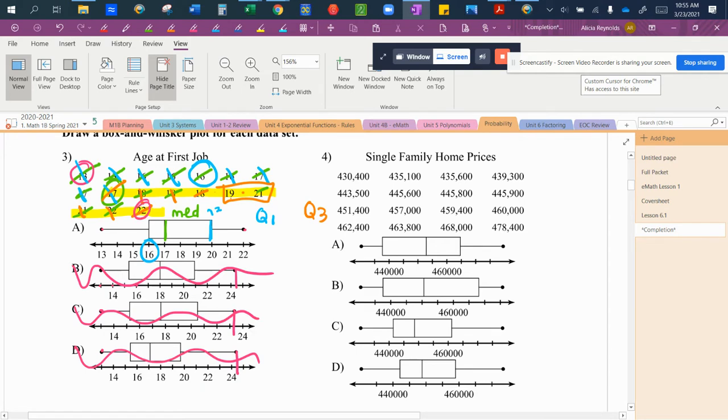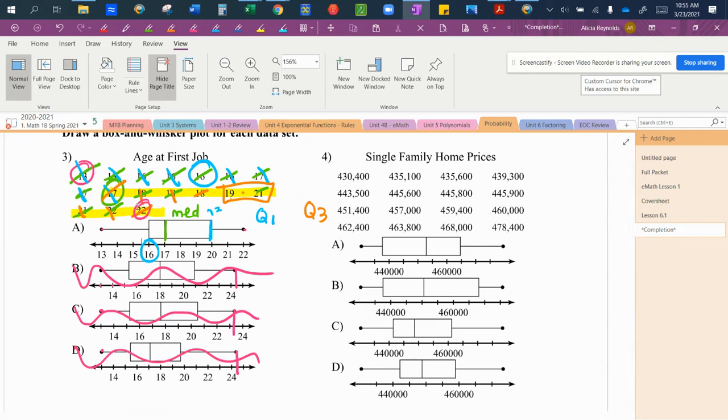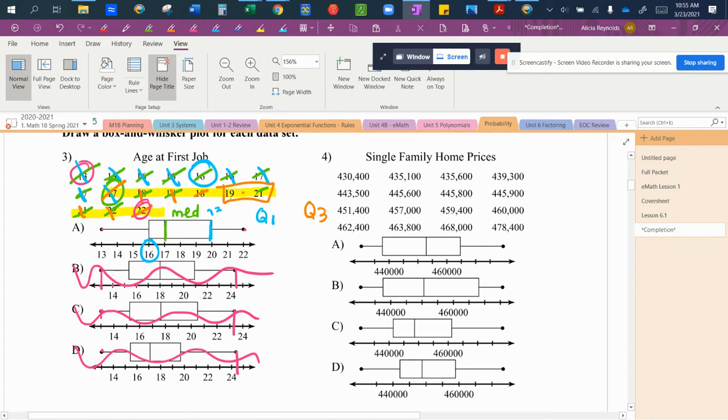Our first dot should be at 13, and our last dot should be at 22. None of the rest of those worked out. Yes, this is 13 for each of these, but this is like 24 and a half, this is like 23 and a half, and that one's greater than 24 as well. This is the only one that is at 22.